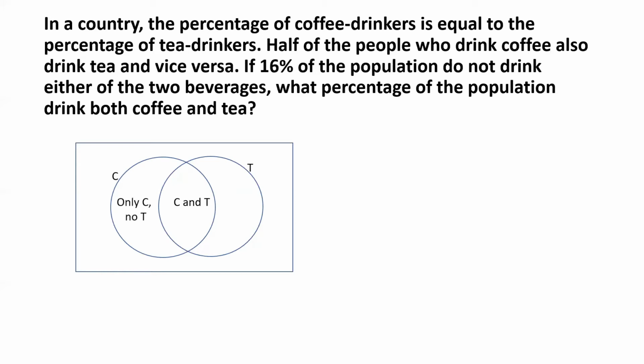Similarly, the area of the circle T that lies outside the overlapping area represents the percentage of people who drink only tea but no coffee.